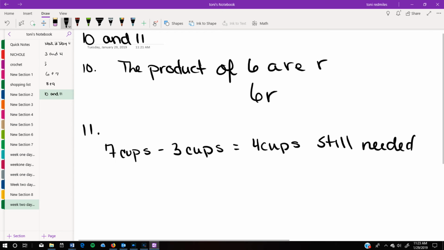Okay, the question is asking me to figure out how much more, which means subtraction. Or I could have displayed it as I put 3 cups in, how many more cups do I need to equal the 7 cups? And this is kind of a thought progression of where we're going.